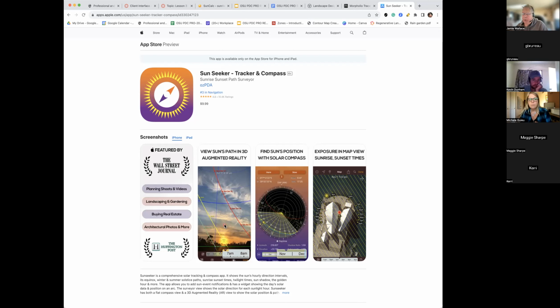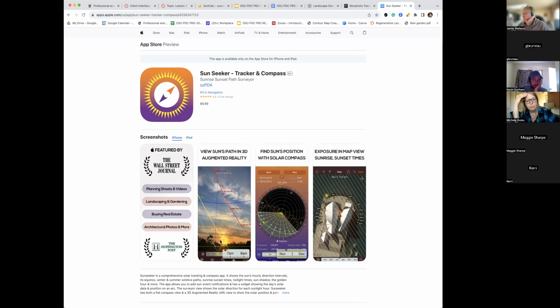Whenever we're on a site, even our own, and we, for instance, want to find out the best location for a greenhouse, we'll go around and say, hey, this feels the best, and then use this app to see at different times of the year where the sun's going to be coming up and going down, and figure out the hours of sunlight based on that.